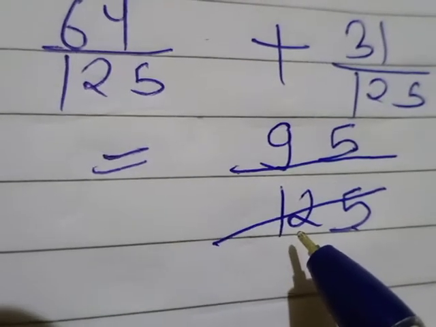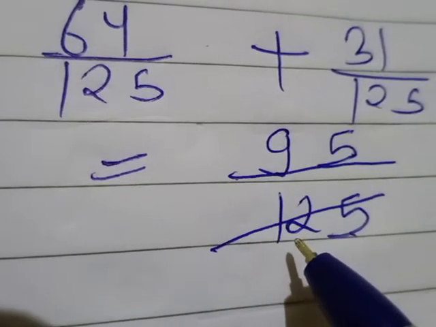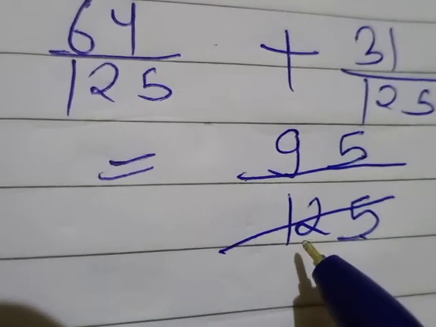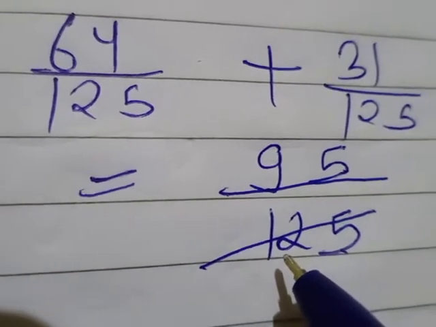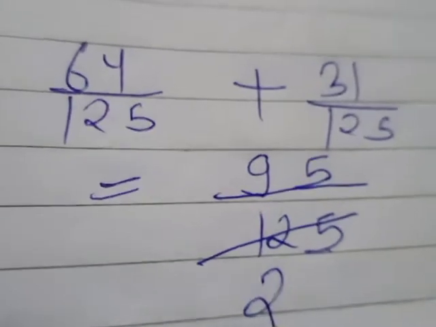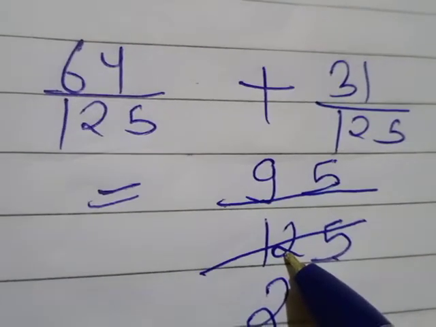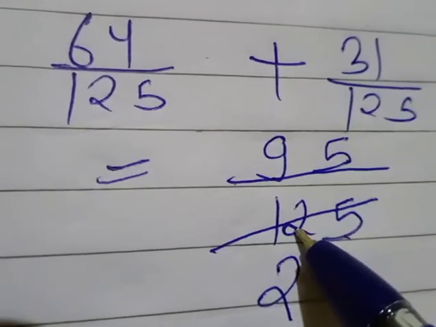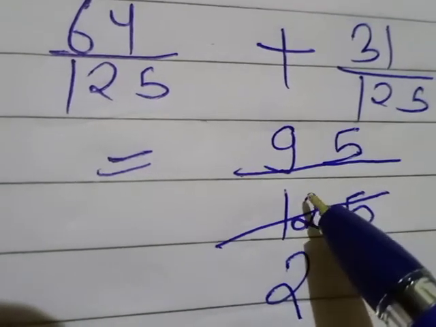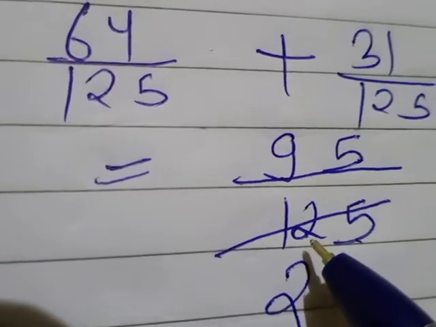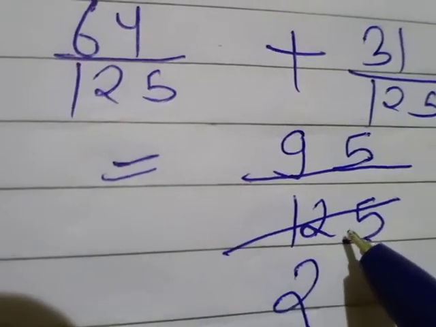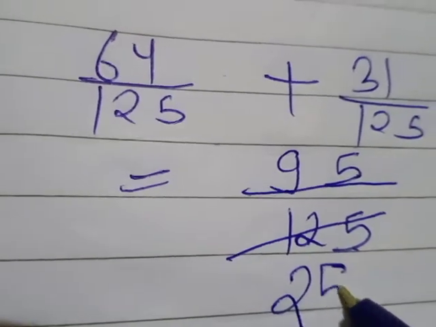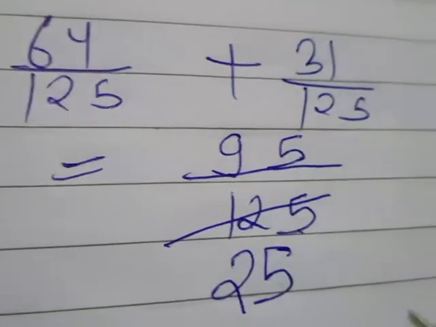That 10 comes how many times? 2 times, na? So we will write here 2 and 2 will remain, na? Because 5 twos are 10 and this is 12. So 2 is remaining. That 2 will be given to this 5 and then it will become 25. 5 fives are 25. Is it clear to you?